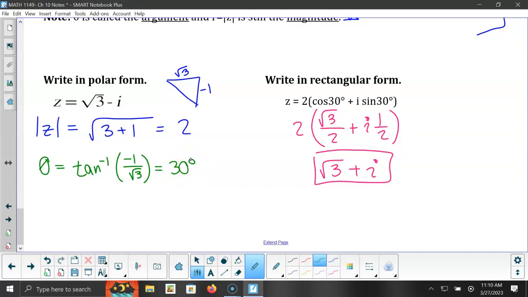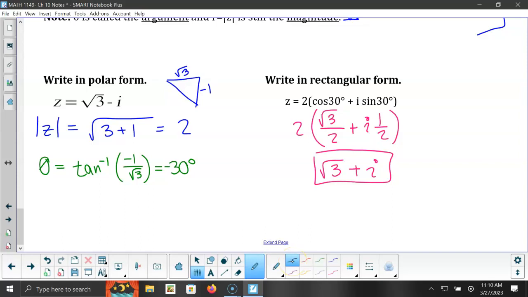But technically it should be a negative 30 degrees. Now, was negative 30 within our restrictions for theta? No. So it's 360 minus 30. Yeah, 330.